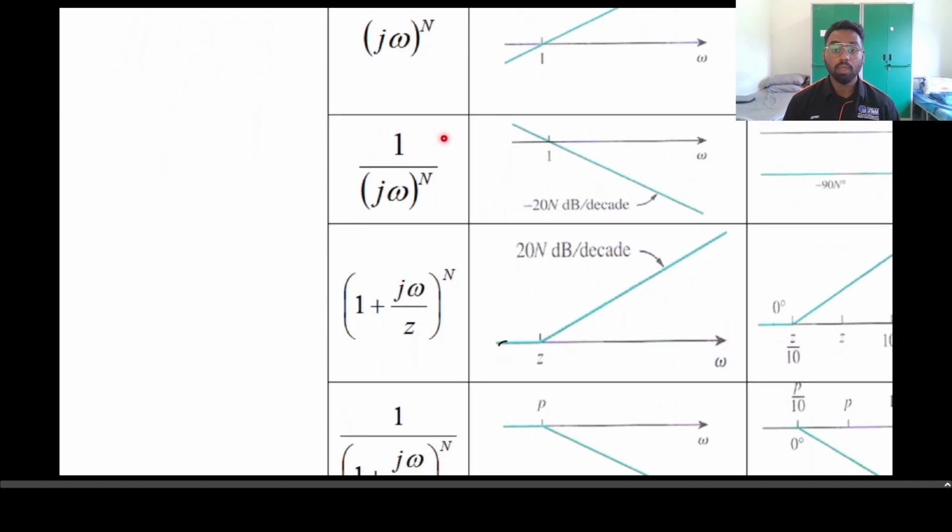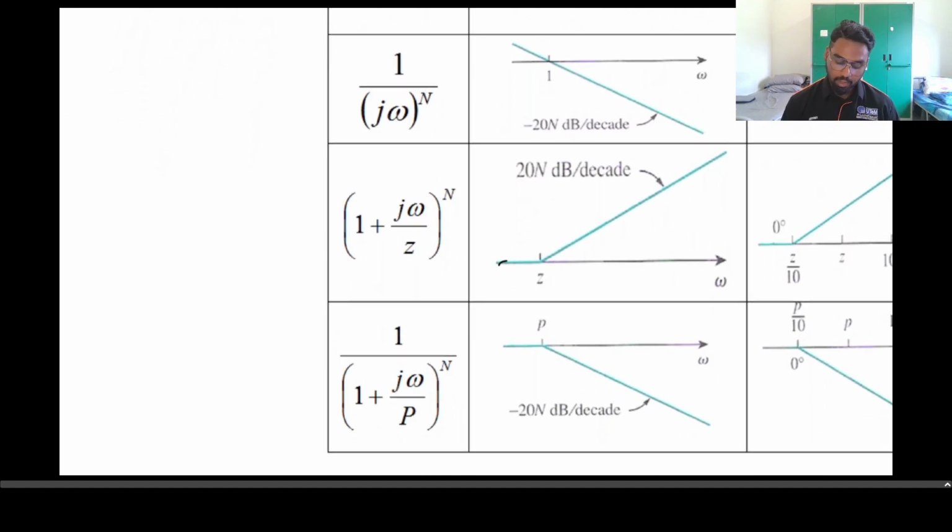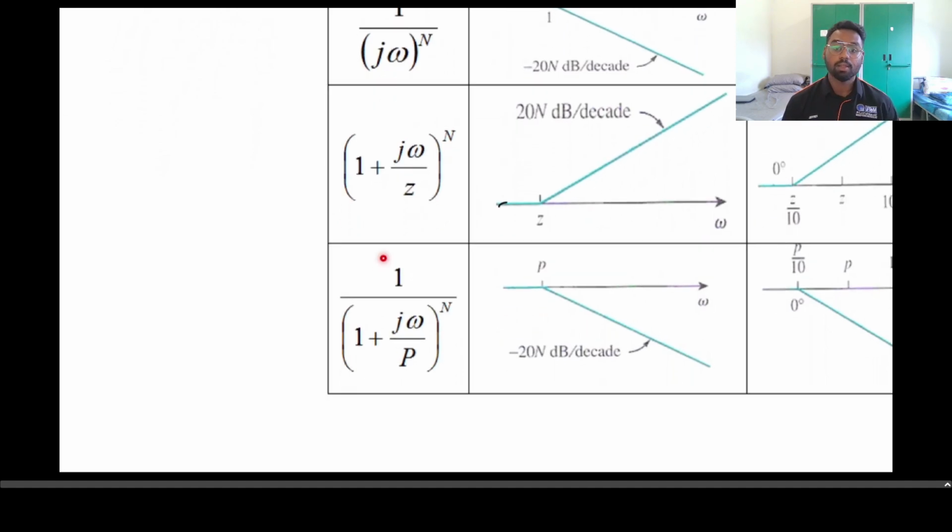Here we have the pole at origin, which will have a decrement of negative 20 dB crossing 1. This one is a simple zero, which will have an increment of 20 dB per decade also. And this one is a simple pole, which is the opposite, and it will have a decrement of negative 20 dB per decade. So let's move into the graph so that I can show you how to create the magnitude Bode plot step by step. Let's go.